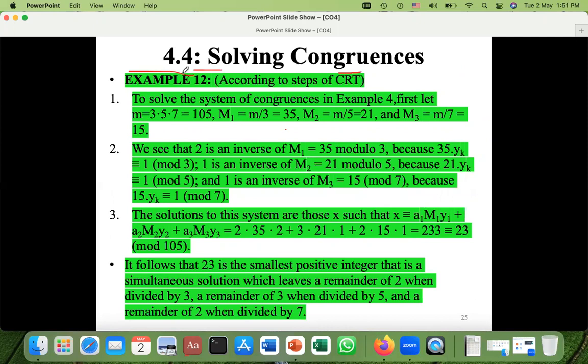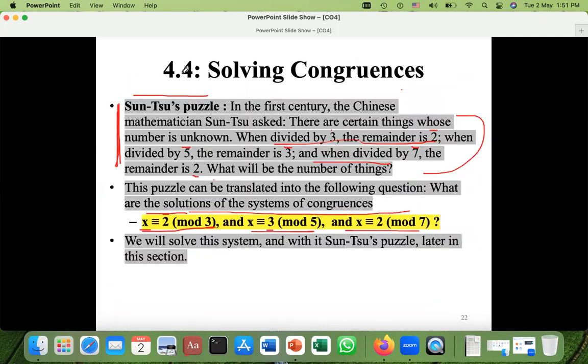And what is the first step there? First, you have to multiply all the moduli, and then you will get the small m. These are the moduli: 3, 5, 7. This is m1, this is m2, and this is m3. So you have to multiply this 3, 5, and 7 with each other.